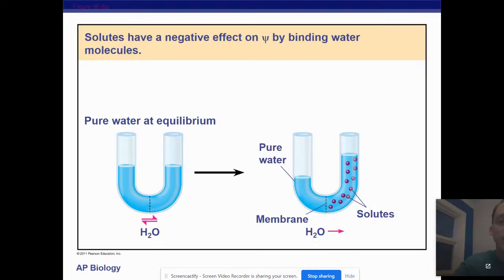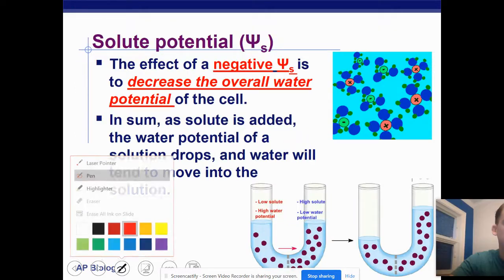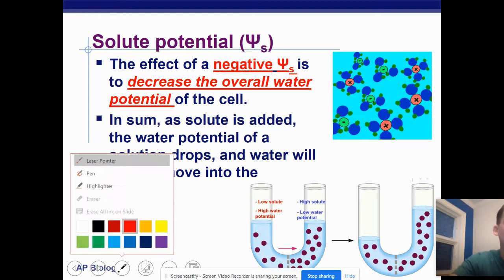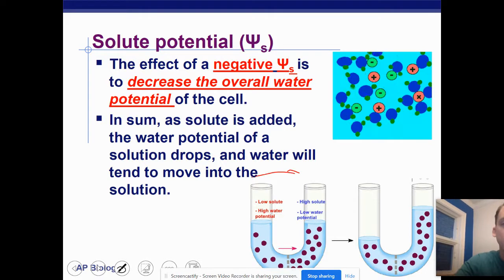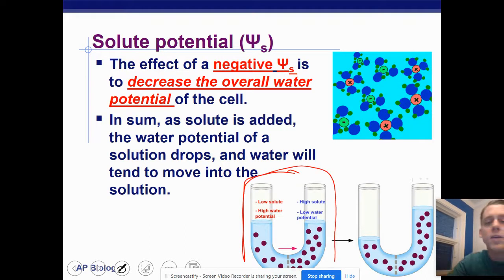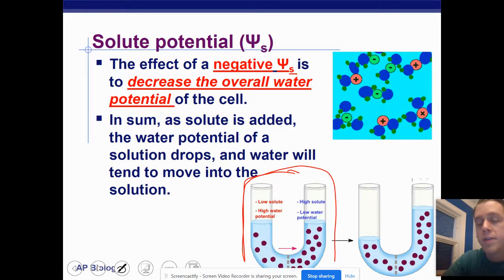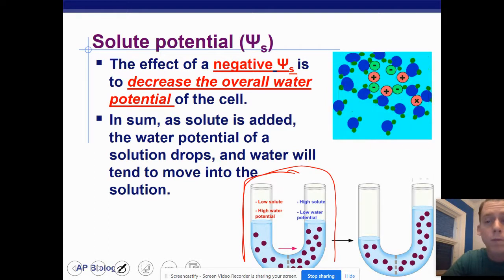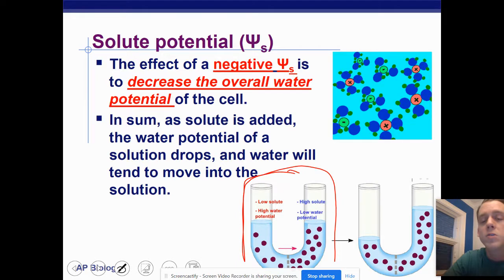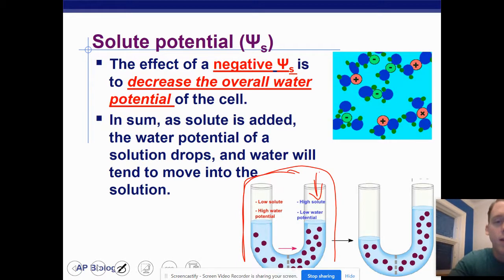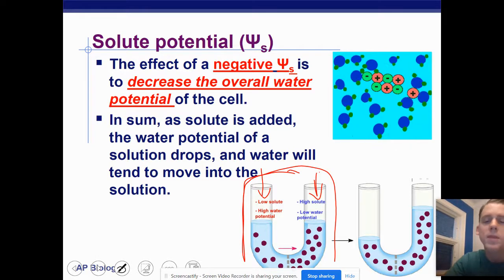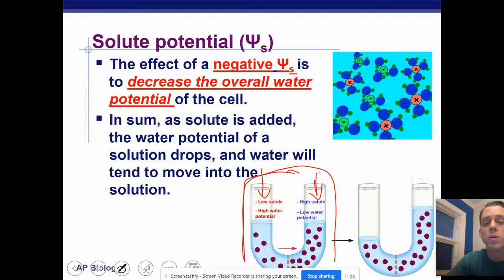We have our U-shaped tube here, and the U-shaped tube is not equal on either side. The pressure potential of each side is the same because it's open. However, there is more solute on the right, this side, than the left. So if there is more solute on the right, then this is a more negative number.